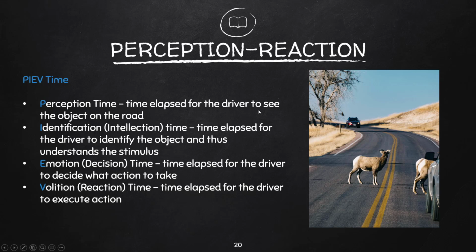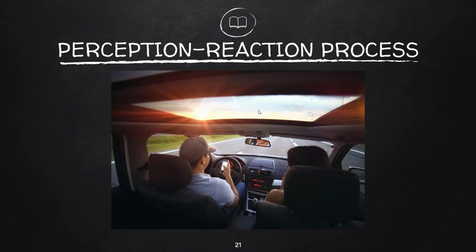So perception reaction time occurs in somewhat a small time interval. That is why it's important for us to have our main concentration on the road that we are traversing and not be distracted by some other factors like our cell phones or other objects.